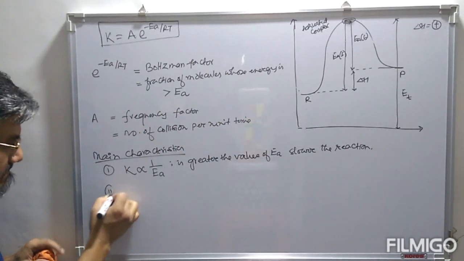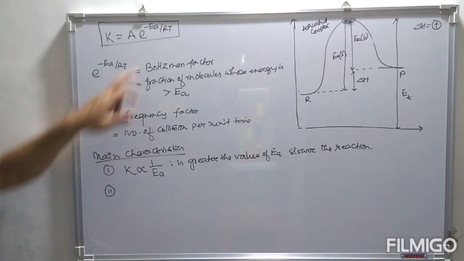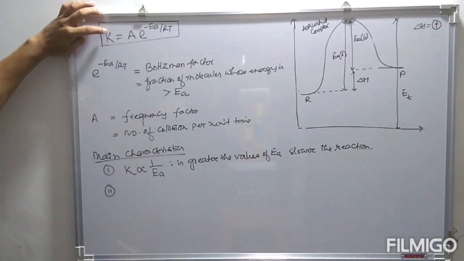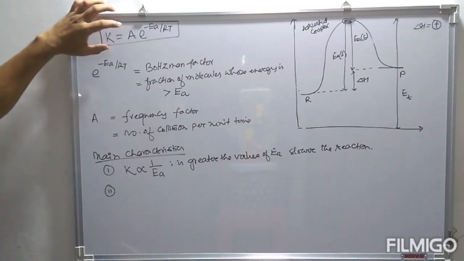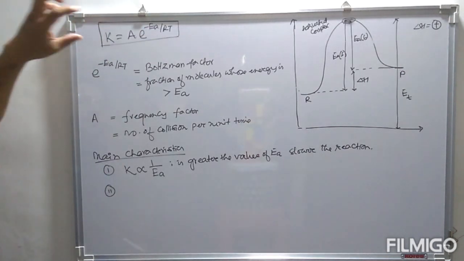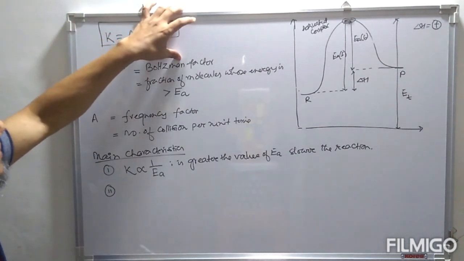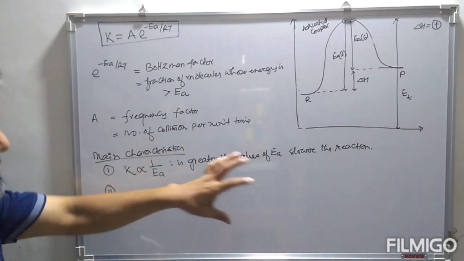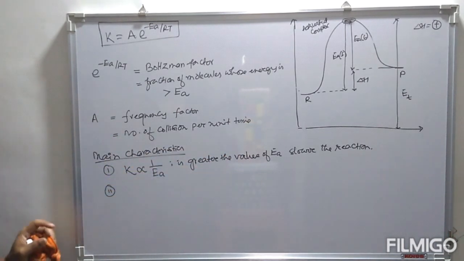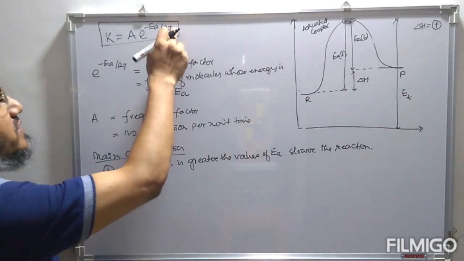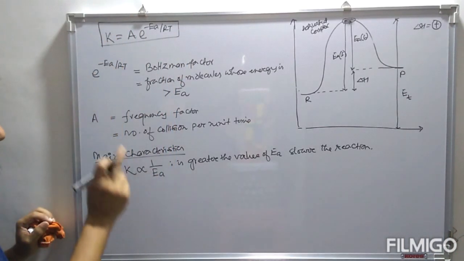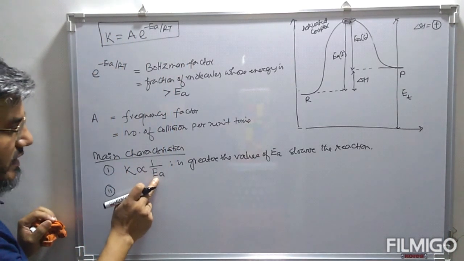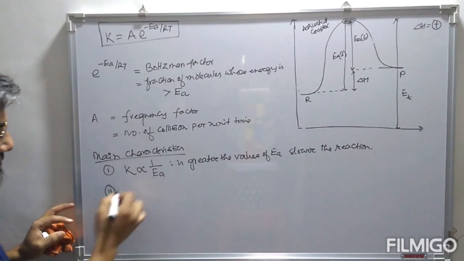Second factor: an increase in temperature increases the value of rate constant k. Now we have to see this effect of temperature at low temperature range or high temperature range, or for reactions with different values of activation energy. The effect of temperature is more pronounced on the rate when activation energy is more.